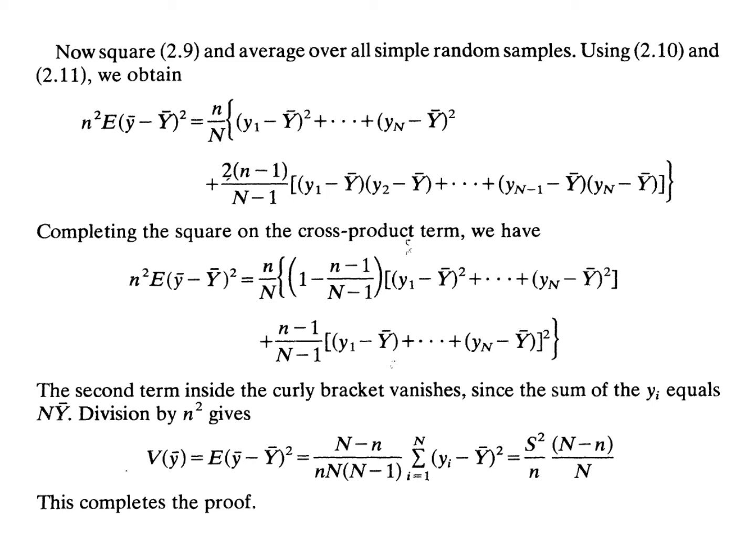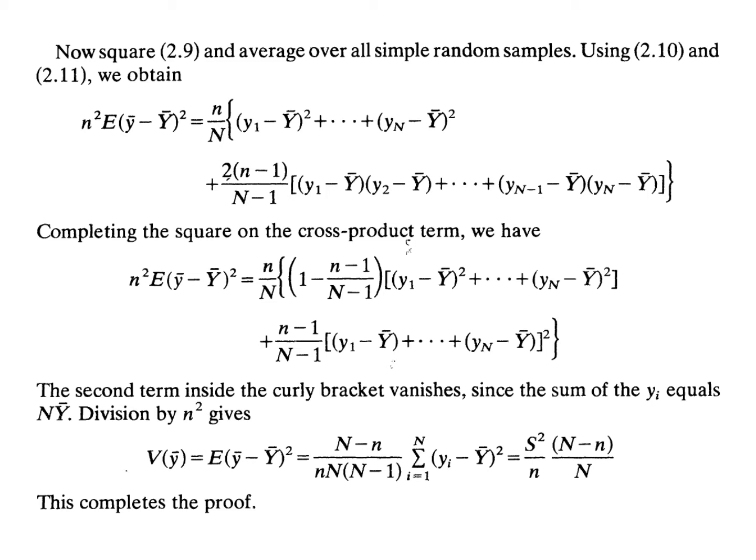The second factor will be 2 times (n minus 1) over (N minus 1). And finally, the third term will be (y_{N-1} minus Y bar) times (yN minus Y bar). Completing the result for the square of the cross-product term, we have n squared times the expected value of (y bar minus capital Y bar) squared, with the second and third terms the same.